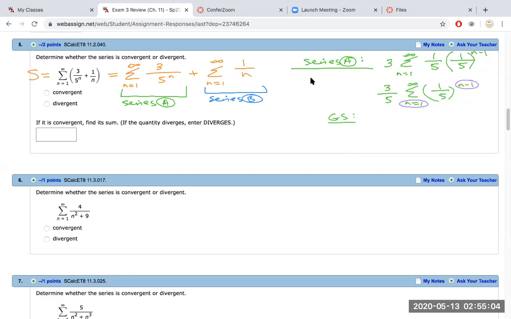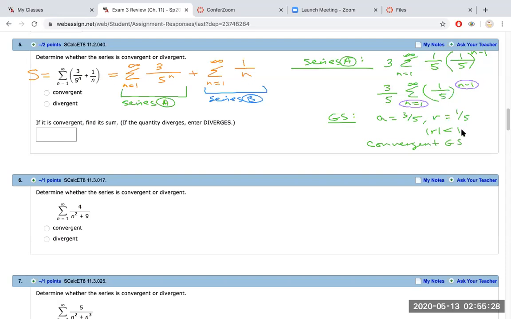So we find out that A is equal to 3/5. R is equal to 1/5. And the absolute value of R is less than 1. So this actually would be a convergent geometric series. But before you start finding a sum for it and stuff, check series B to make sure it's convergent as well.